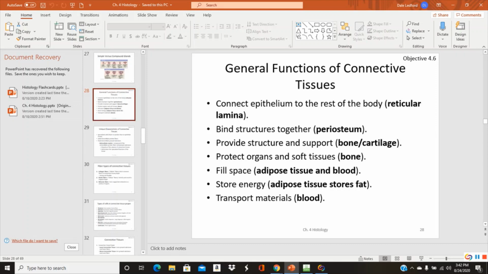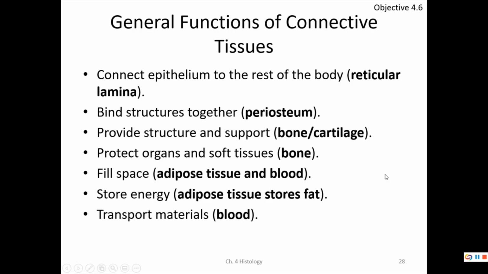Now, as we get started, let's talk generally, very non-specific, so to speak, about connective tissues and what they are. As their job implies, they connect. They'll connect things to each other. For example, they can connect the epithelium to other body tissues, like muscles, such as the reticular lamina of the basement membrane.